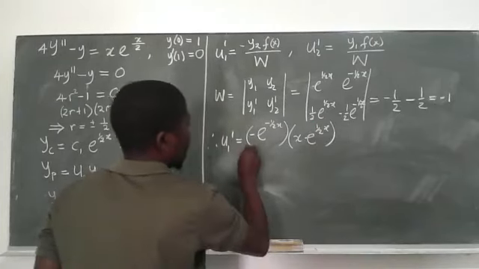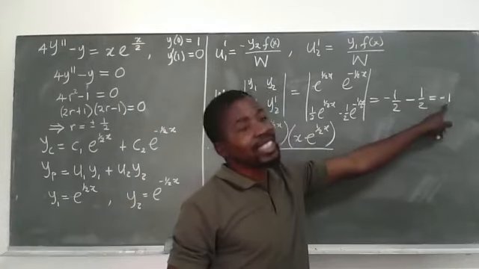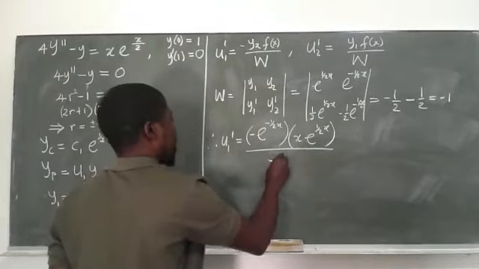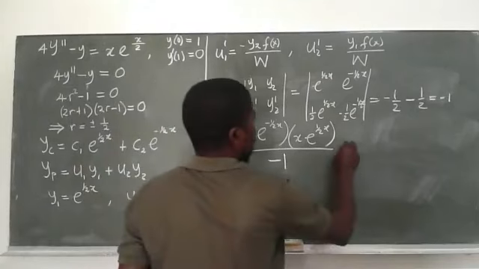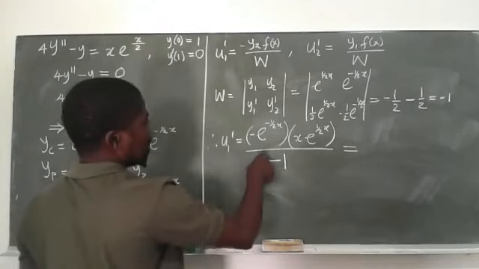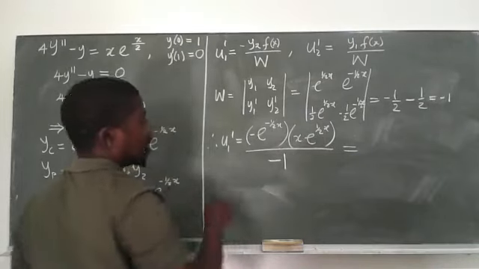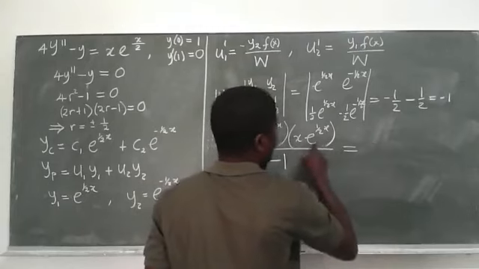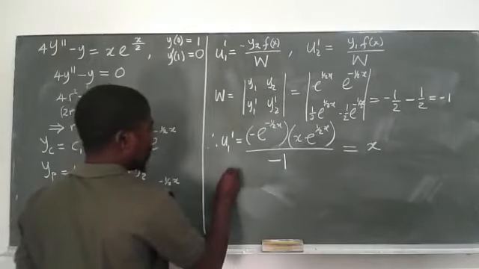Everything is divided by the Wronskian. If we simplify, the negative will cancel. This power will add up with that power, then I'll get a 0. E to the 0 is 1, and then 1 times x, I'll end up with an x.